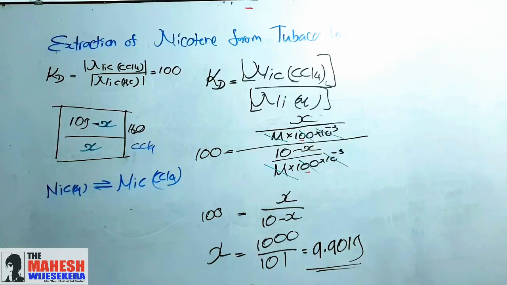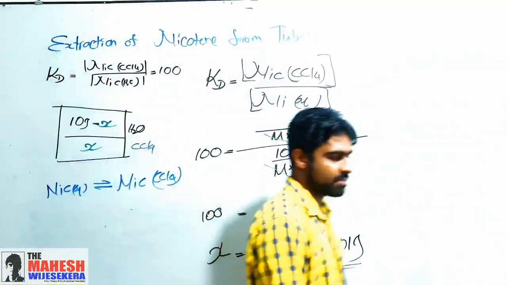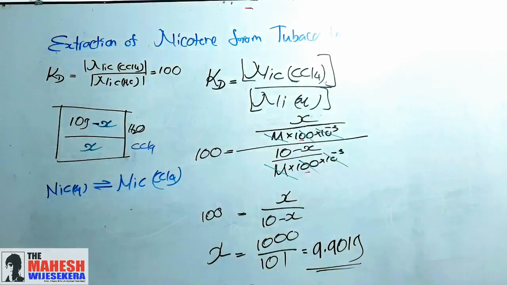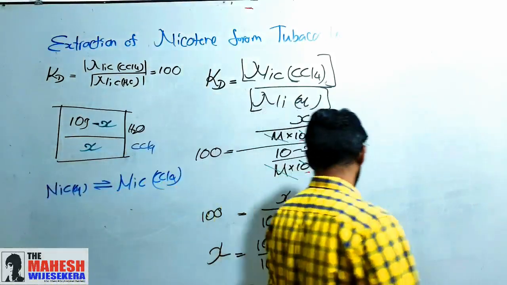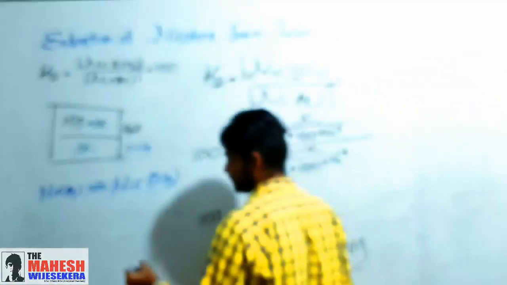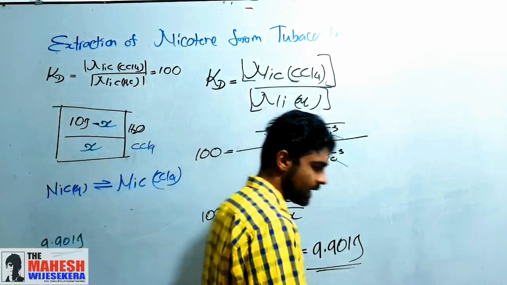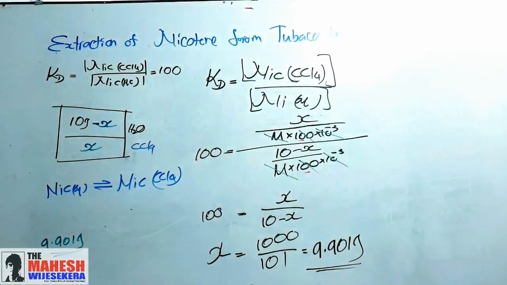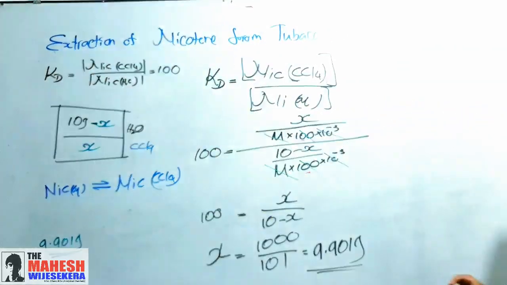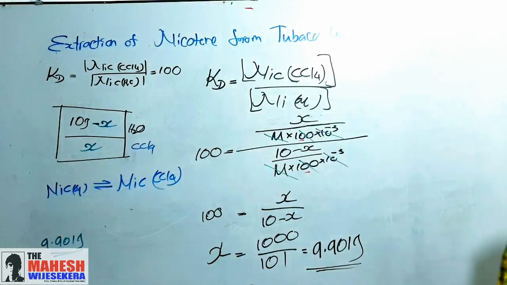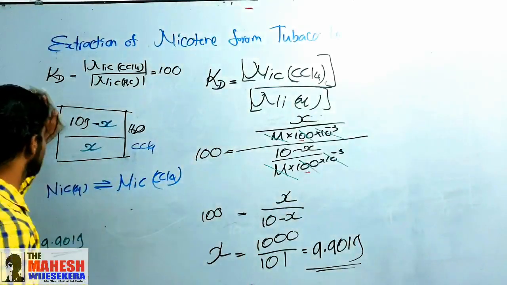Got it, right? So you can extract how much? 9.901 grams. So almost everything is extracted. 9.901 grams extracted with the entire 100 cubic centimeters at once. So if you get that amount, you don't have to do it separately, because you are getting almost everything. Shall we do the next one? I'll erase this part and start again.